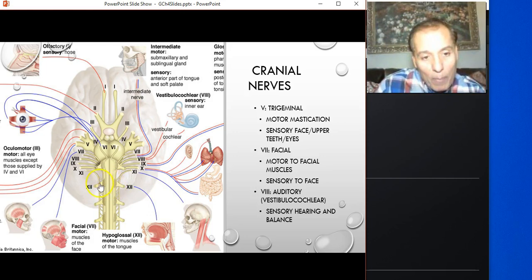So the brain stem goes just about here. And then you go up, that is the medulla oblongata, part of the brain stem, and the pons, that is part of the brain stem, and the little piece above the pons, that is called the midbrain. All these three areas, medulla, pons, midbrain, make the brain stem.